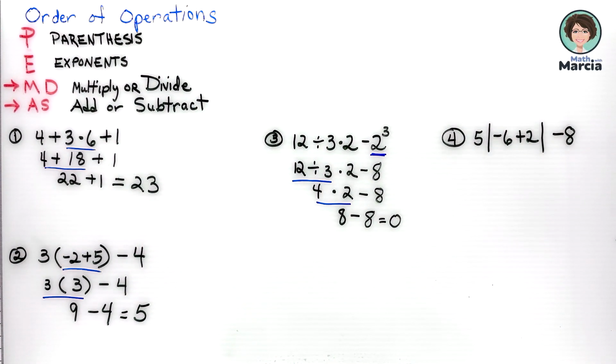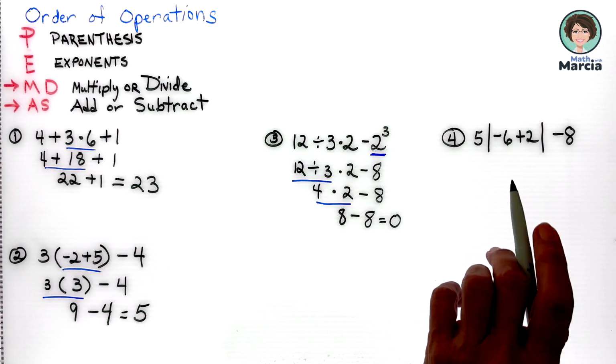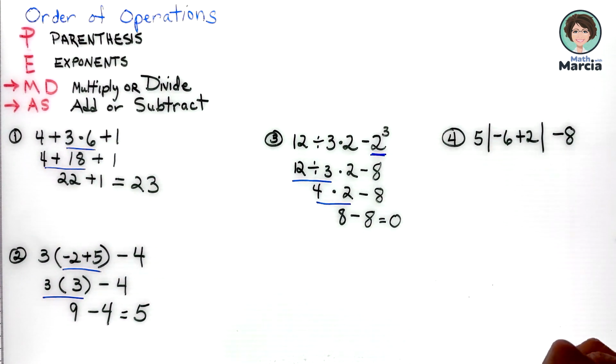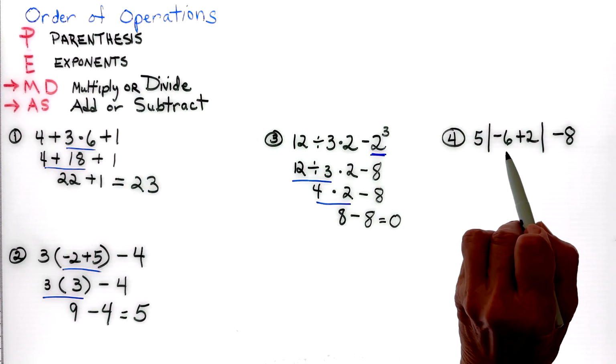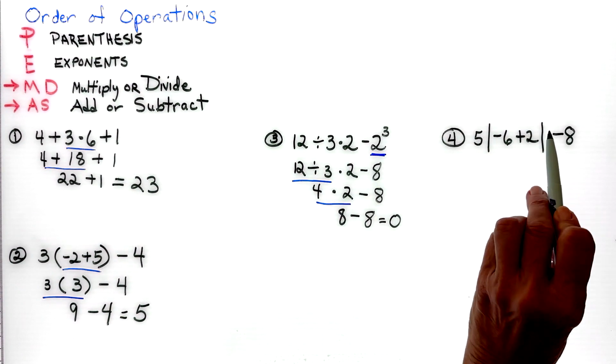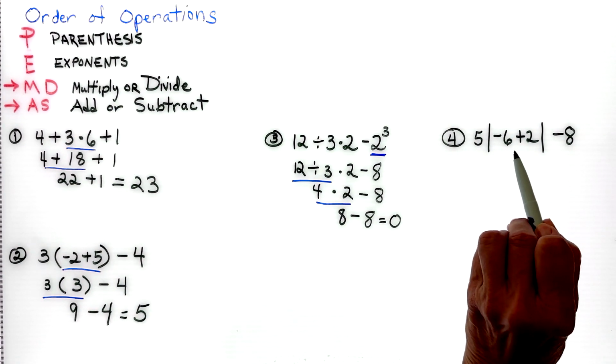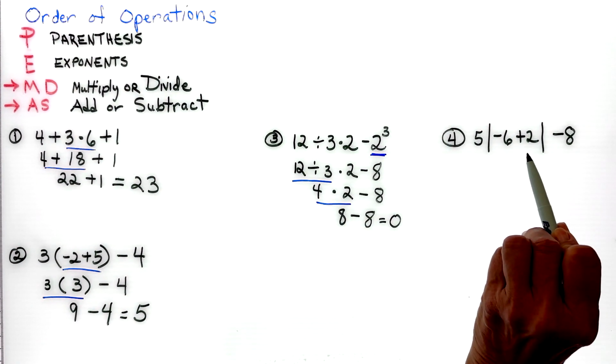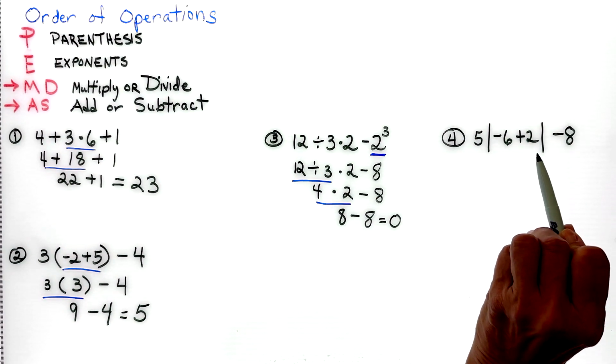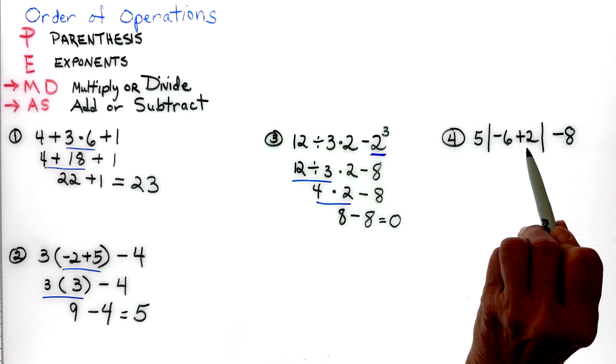Last but not least, we have an absolute value symbol. So when you're working an absolute value problem, I want you to remember whatever comes out of an absolute value symbol, our answer will be positive because it's the distance from 0. And an absolute value symbol is like a parenthesis.